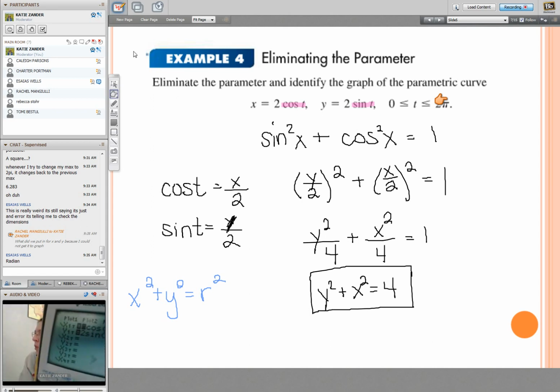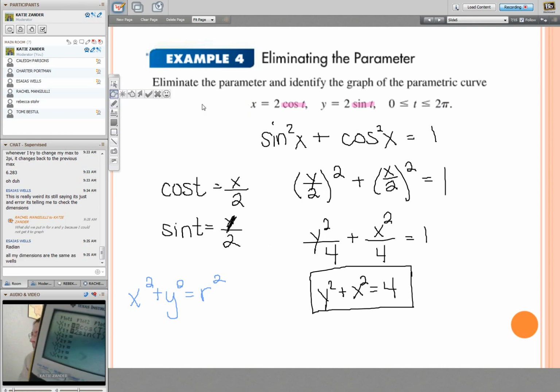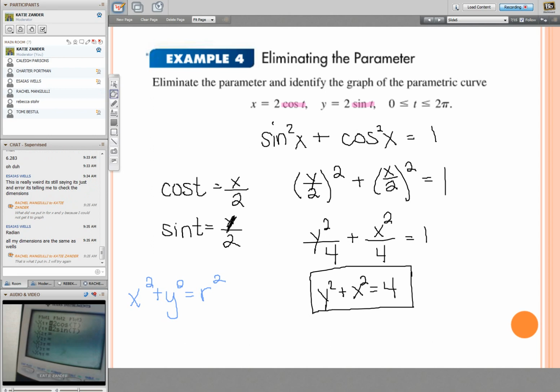X is going to equal 2 cosine of t. So when I type this in, it's just 2 cosine of t, and then y equals 2 sine of t. All right, we have a couple people who are getting errors.